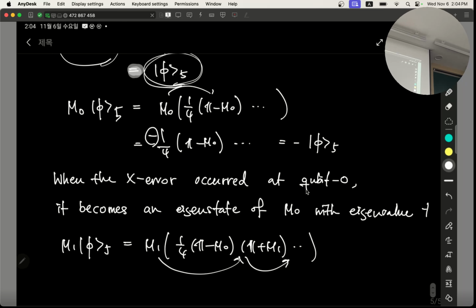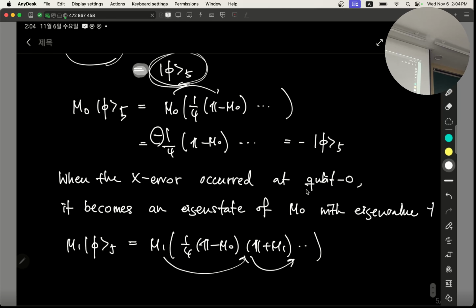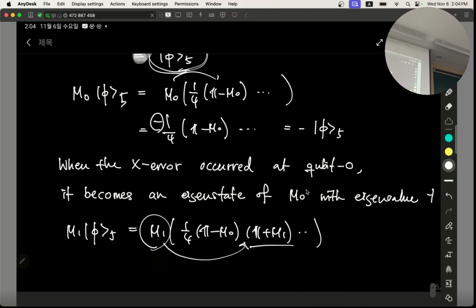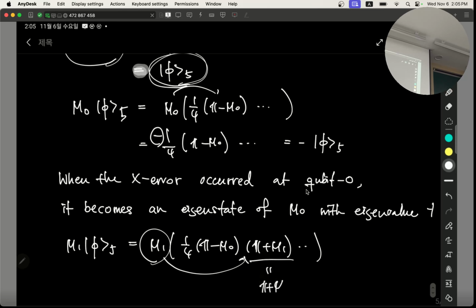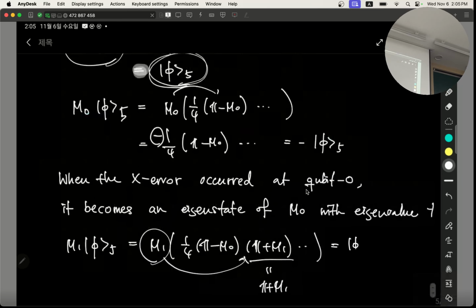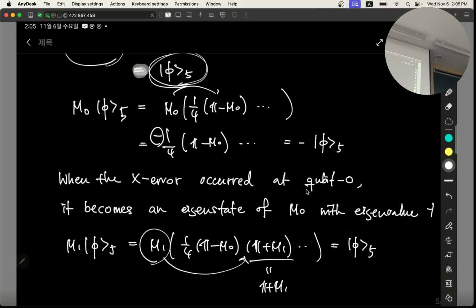And then it's vanishing here, right? m1 multiplied to 1 plus m1 is the same thing as 1 plus m1. So it's the same thing as the original phi. So phi is still an eigenstate with eigenvalue plus 1 as before.